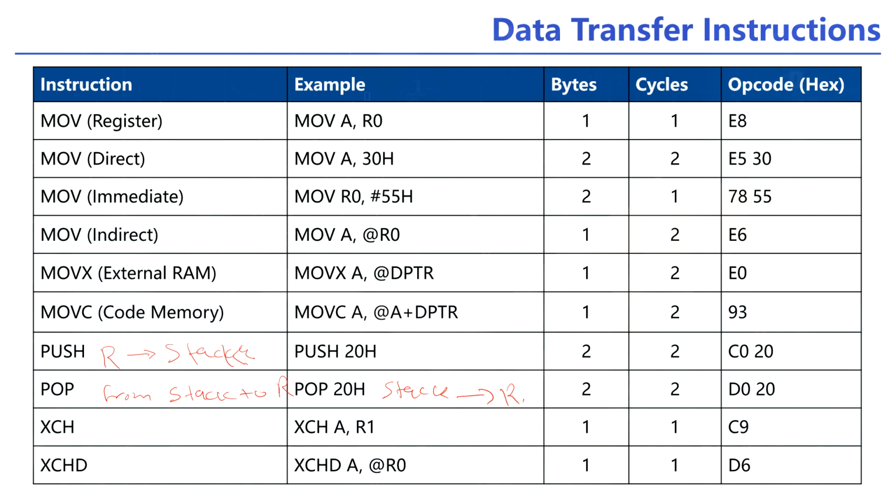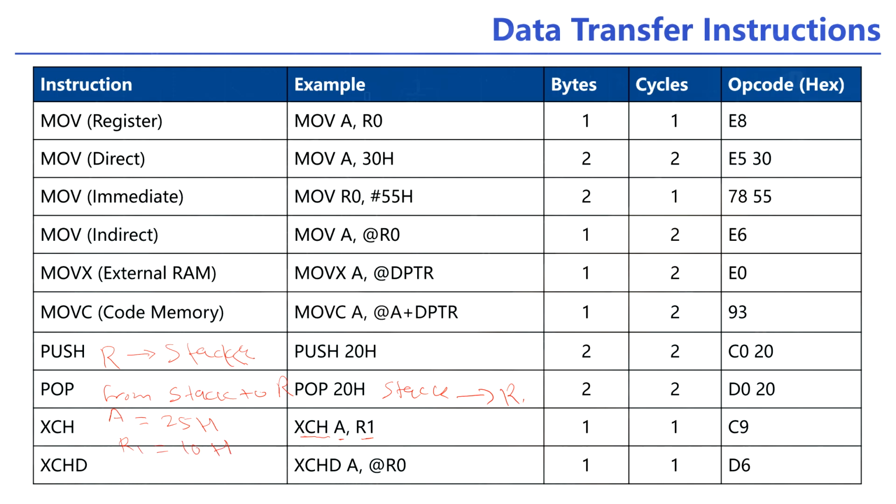Now we will see the exchange instructions. You see here the instruction XCH A, R1. How to exchange this? Suppose we already have the value A equal to 25H and R1 equal to 10H.